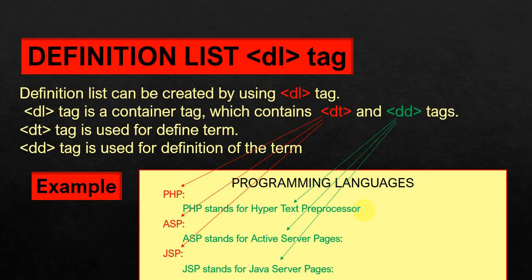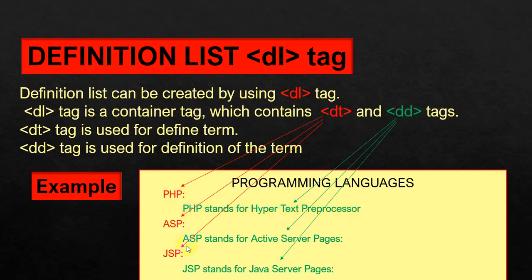First we saw ordered list, then unordered list, and now we are going to learn definition list. Once I show you on programming, on coding, you will get a clear picture of what a definition list is. This is the output of your definition list, where PHP is the term and PHP stands for hypertext preprocessor. This is the description.